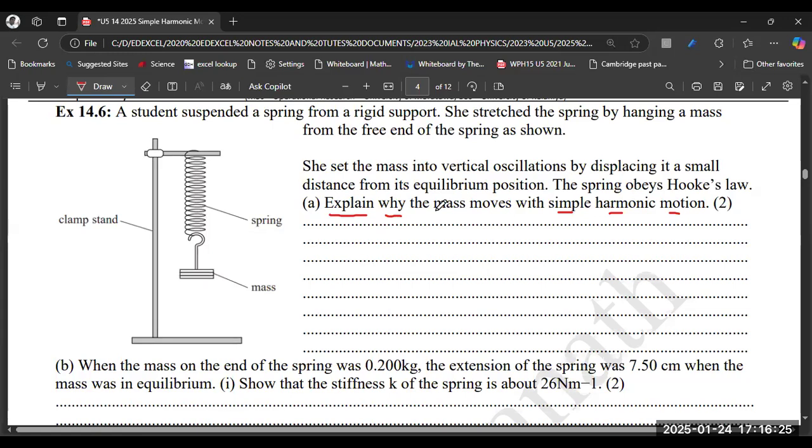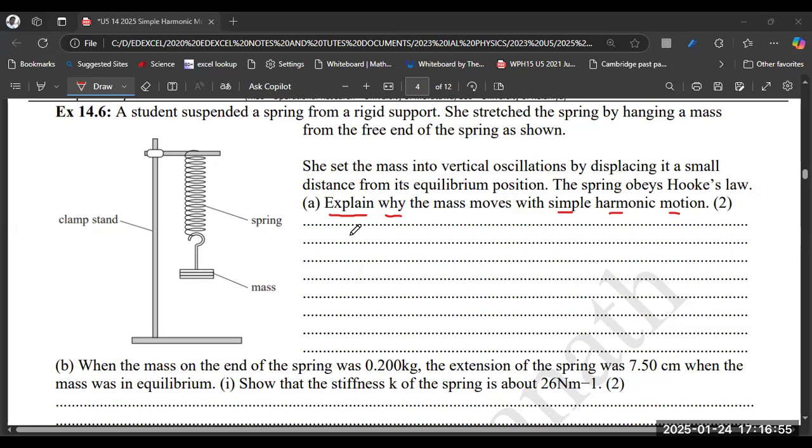That's how it is. So the story starts from where? Force. Why the mass moves? Because of the force then. So here, if a student writes acceleration, there will be an issue. So here you are going to write what? There is a force acting on the mass that is directly proportional to the displacement from its equilibrium position.